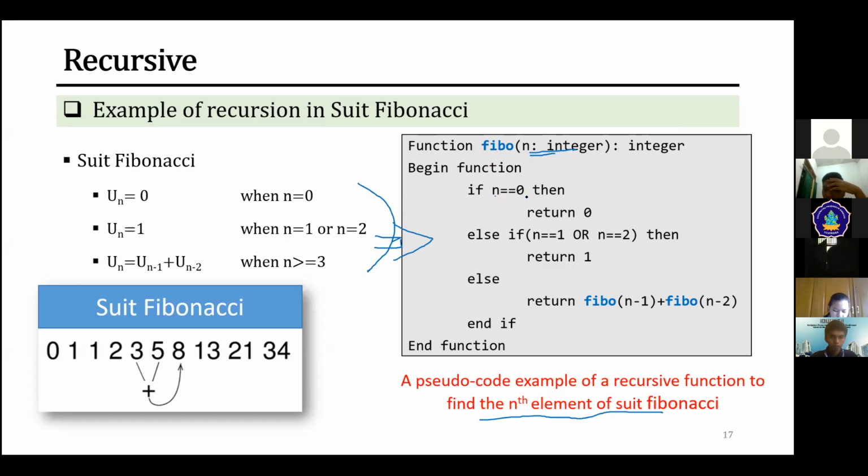When n is equal to 0, you just return 0, and when n is equal to 1 or 2, you return another number, which based on the property should be 1, because the first and second elements should be 1. Otherwise, for the rest of the conditions, you go to the recursive part, the main part of the function.